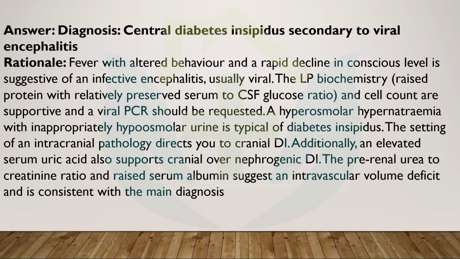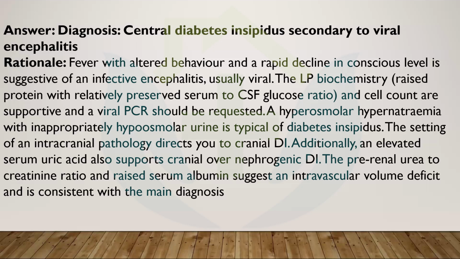The setting of intracranial pathology directs you to cranial diabetes insipidus. Additionally, elevated serum uric acid also supports cranial over nephrogenic diabetes insipidus. The prerenal urea to creatinine ratio and raised serum albumin suggest intravascular volume deficit consistent with the main diagnosis. So this was central diabetes insipidus.